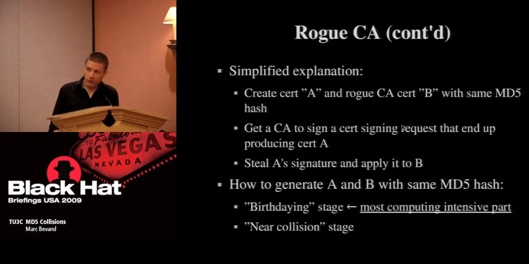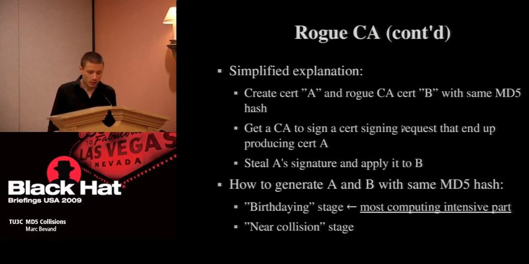So I tried to summarize what they did in one slide. It's very high level, very simplified, but basically, they came up with a way to create a legitimate certificate A for some arbitrary website. And they built a rogue CA that I call B in a way that the MD5 hashes of these 2 certificates collide.